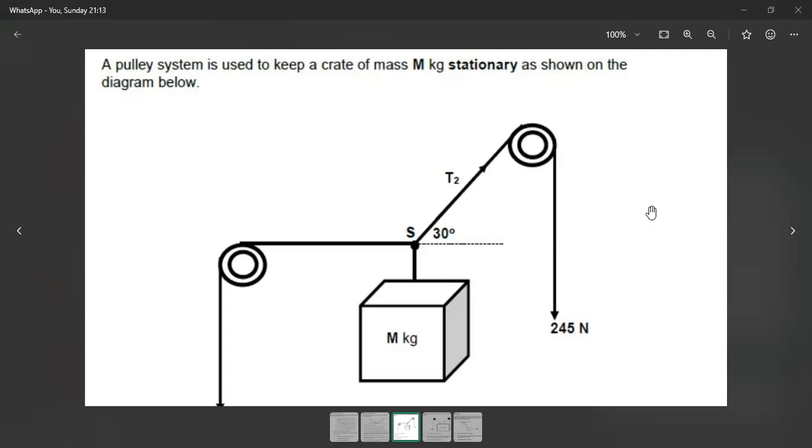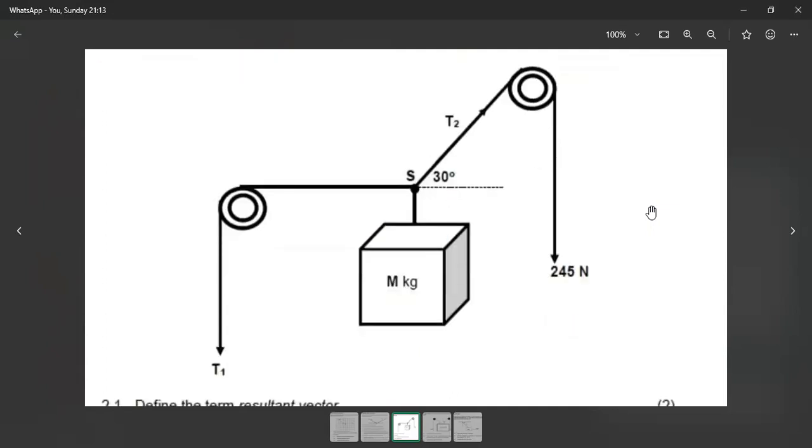So if we look at this situation, we can see that we have 3 forces acting on this crate. We have the tension force T1, which is horizontal and going to the left. We also have a tension force T2, which is acting at an angle of 30 degrees with the horizontal.